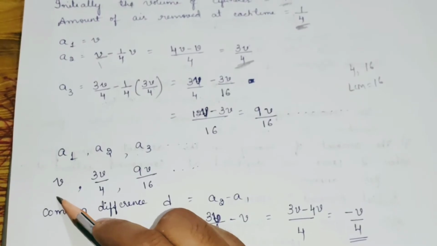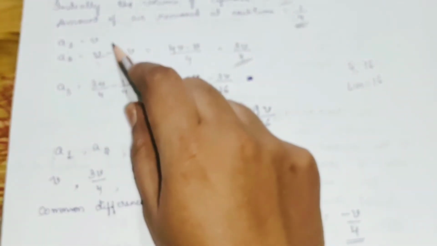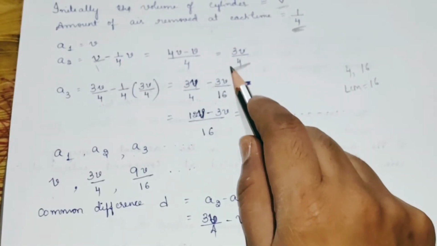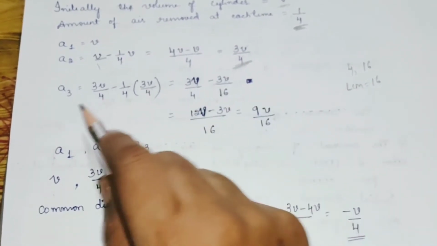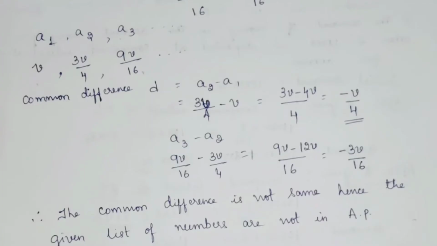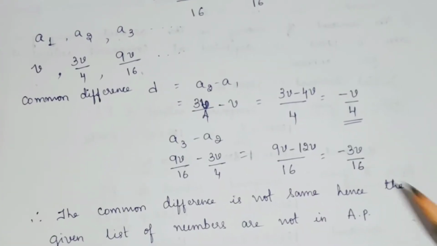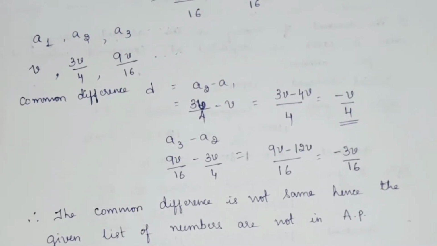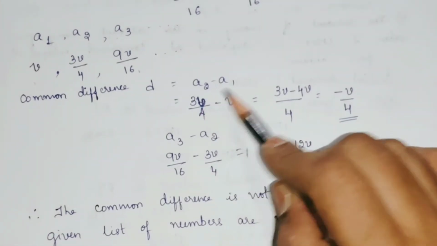What was the initial volume? We have taken the initial volume as V, and the second volume we got as 3V by 4. Third term volume is 9V by 16. In order to confirm whether the given pattern is in AP, the most important task is to find the common difference.